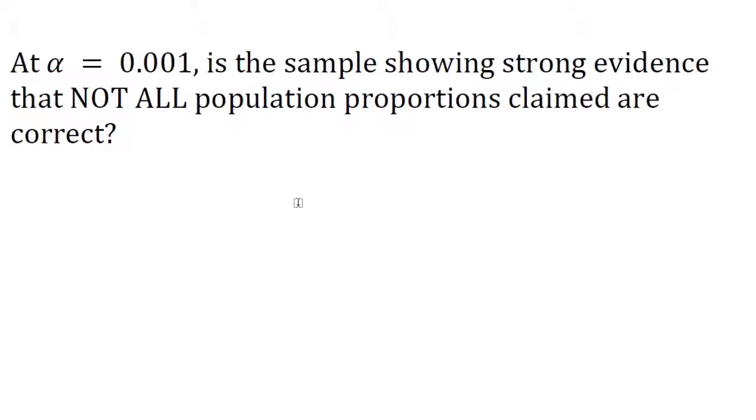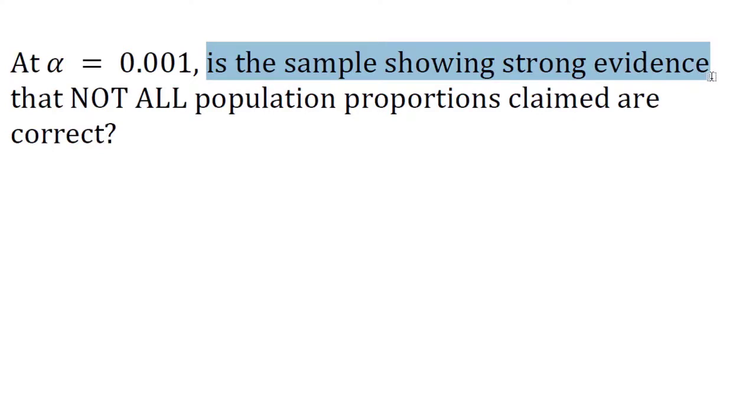And so in the end, after all of the explanations, the question itself appears to be a testing hypothesis problem because it has that part here asking, is the sample showing strong evidence? So we want to prove that not all population proportions claimed in the table are correct.